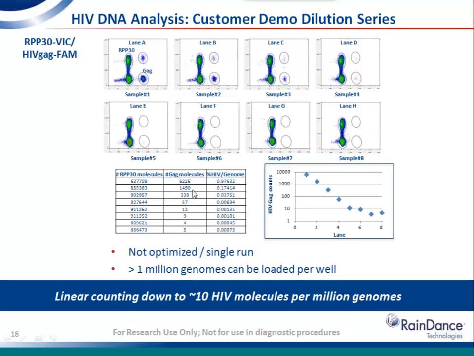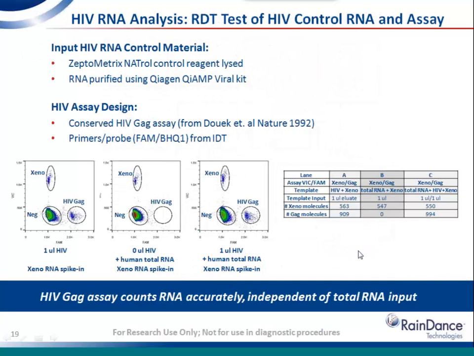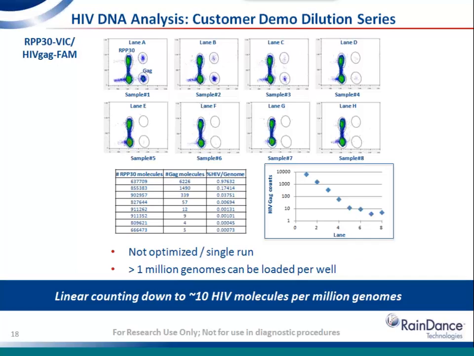And in this titration series the customer provided, it went from several thousand GAG molecules down to below 10. This is graphically illustrated here. This was not optimized, and this was just a single run, and you can clearly see linear counting down to around 10 HIV molecules per million genomes.